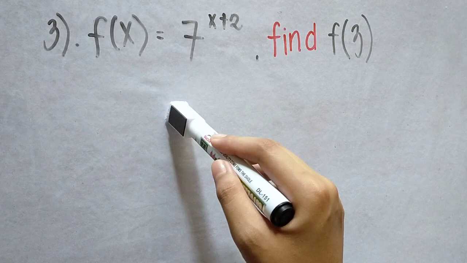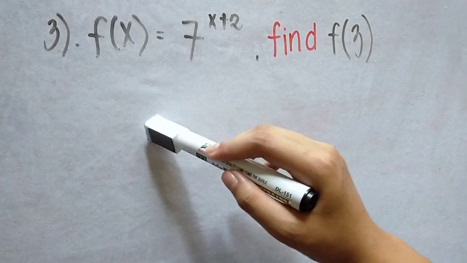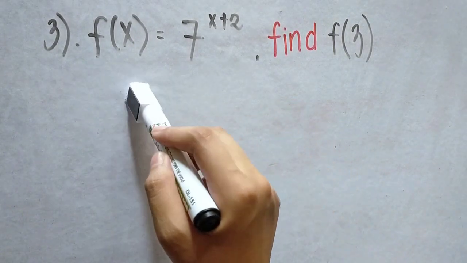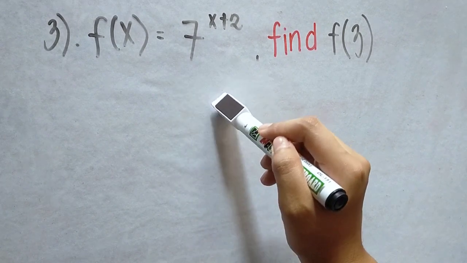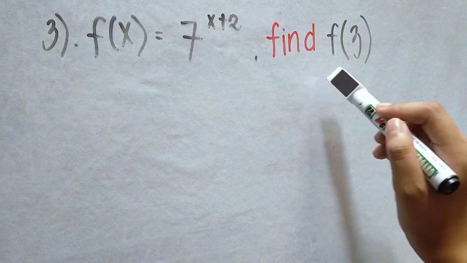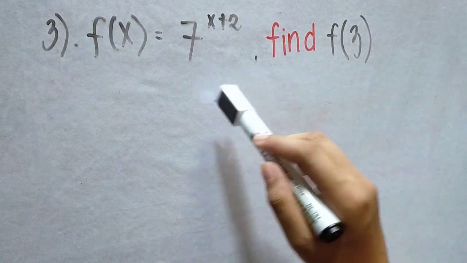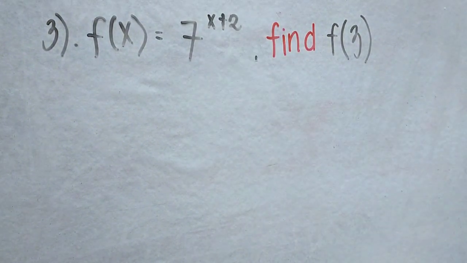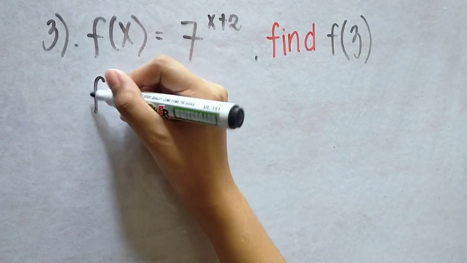For our third example, magiging madali lang rin to. And we have f of x is equals to 7 raised to x plus 2. Ngayon, ang hinahanap naman natin is f of 3. So, obviously, andito yung x, so dyan natin ililipat yung 3.